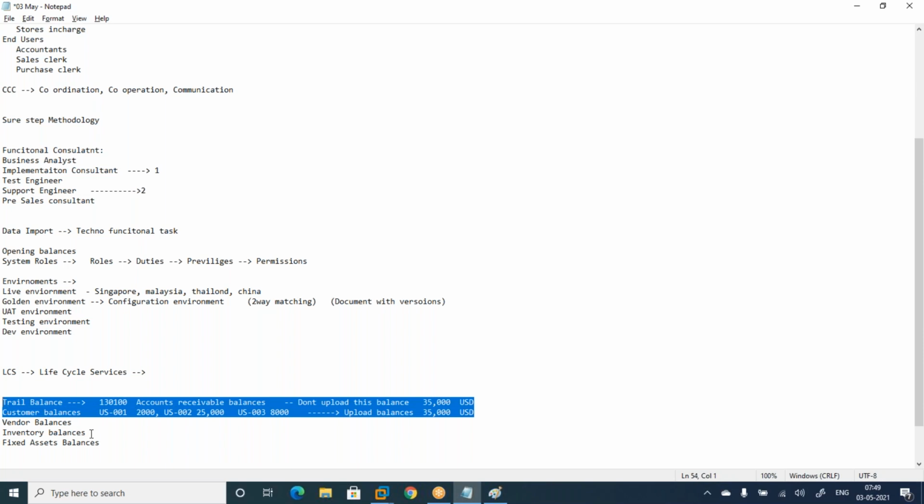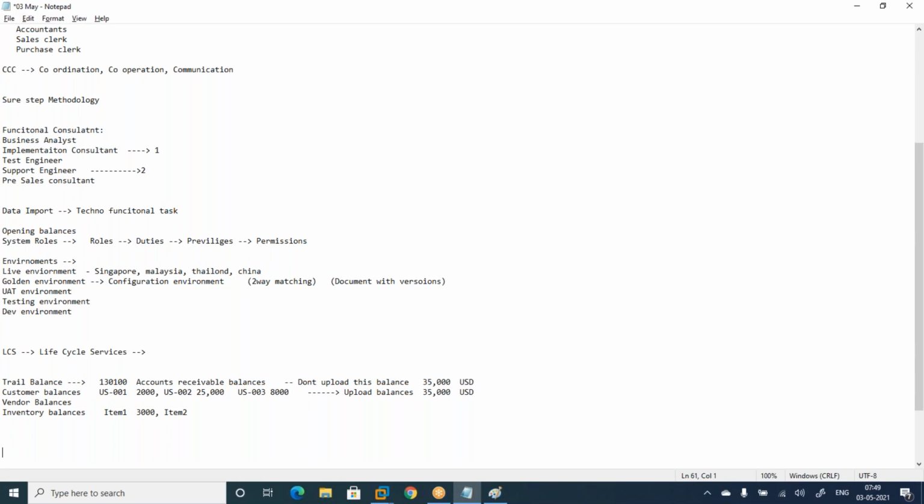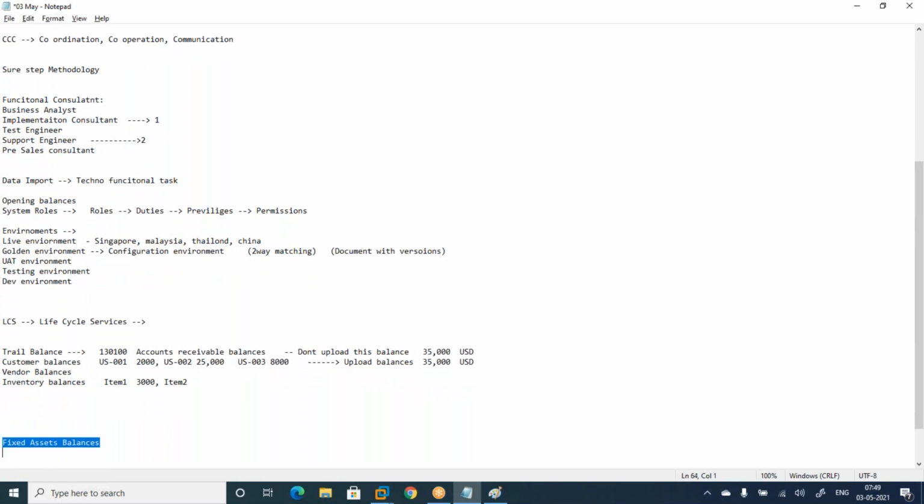The major challenge is here. Inventory balances: item 1, $3,000. Item 2. I'll take an example like this. The major challenges come here.